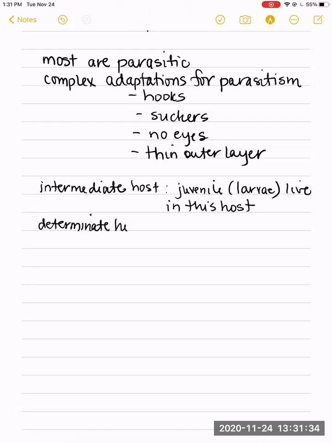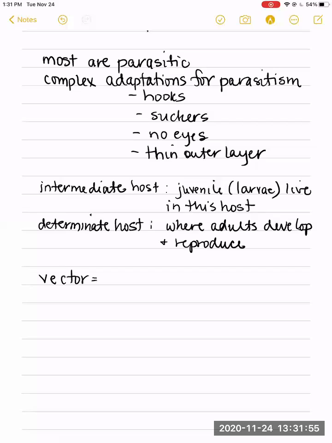And that's where the adults develop and reproduce. And eventually the eggs are going to come out of that definitive host. If that parasite is transmitted by another organism, that organism is called a vector. This is an organism that transmits a pathogen.